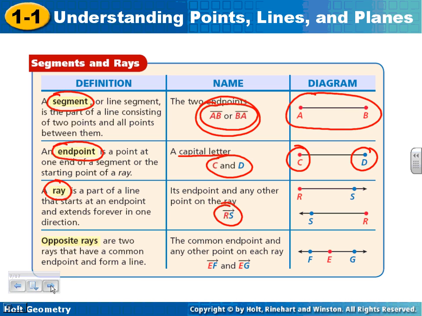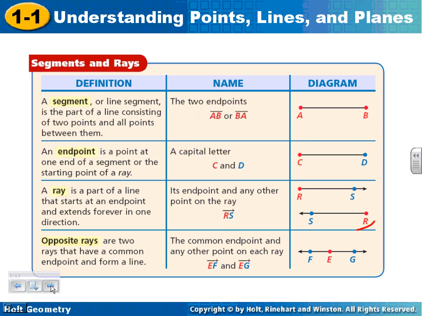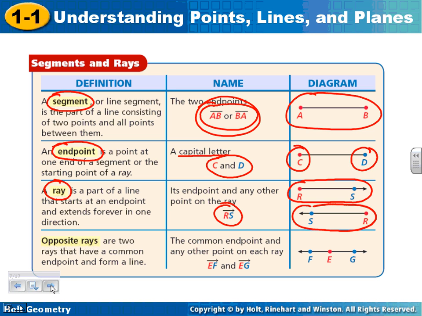Here's a diagram, I'll circle. This is RS. You could not name this SR and put your arrow that direction, because S is not the endpoint. R is the endpoint. So don't do it this way.